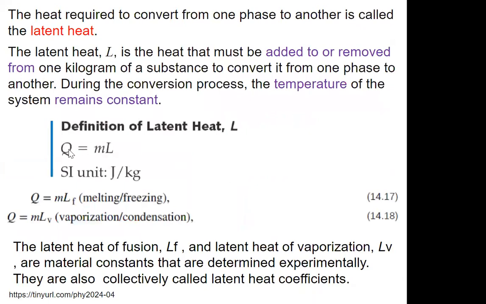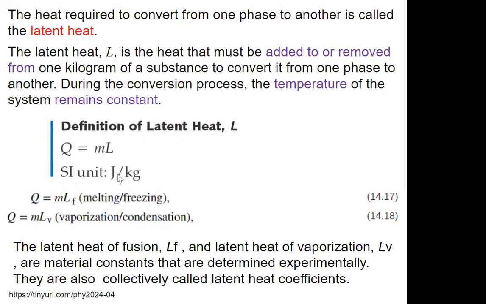For latent heat, it's heat, so you can say Q equals M times L. In this case, you don't have a change of temperature, so there's no temperature change term, it's just mass times latent heat. We use the symbol L, and latent heat is in joules per kilogram.